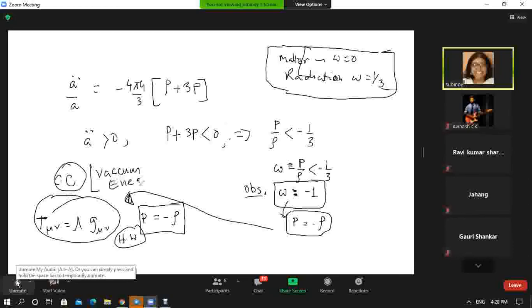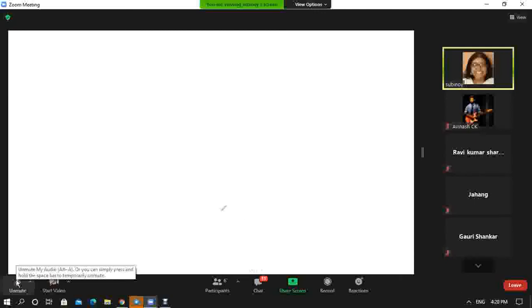In field theory, this cosmological constant is equivalent to quantum mechanics. In quantum mechanics, when you do the simple harmonic oscillator, can somebody tell me the energy of the different levels? E_n.